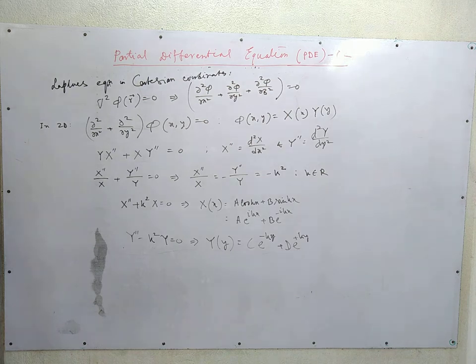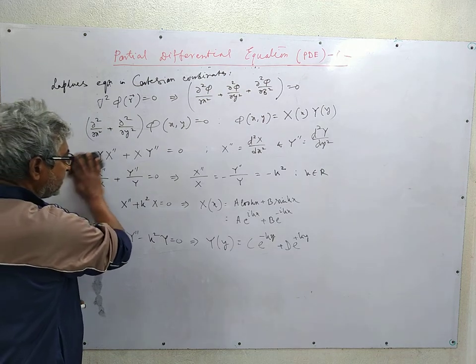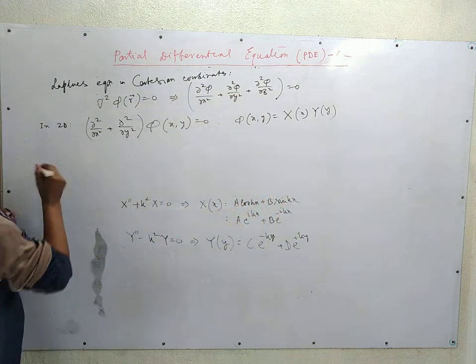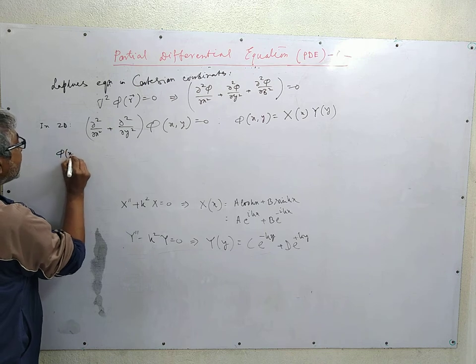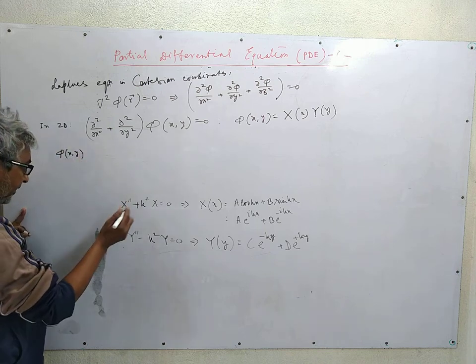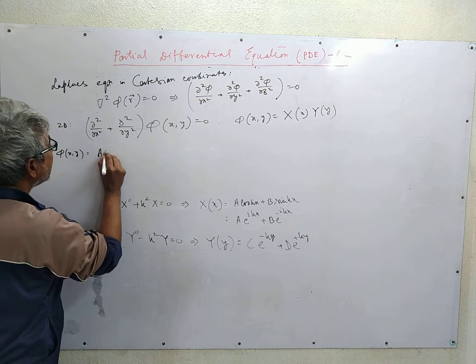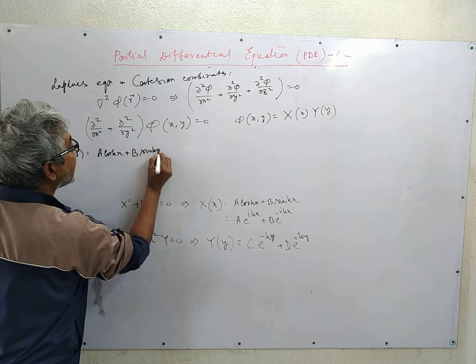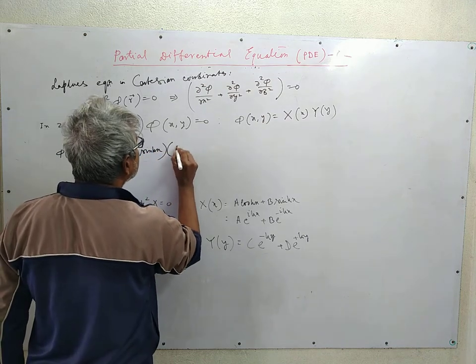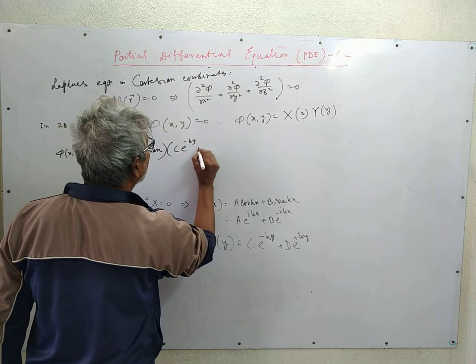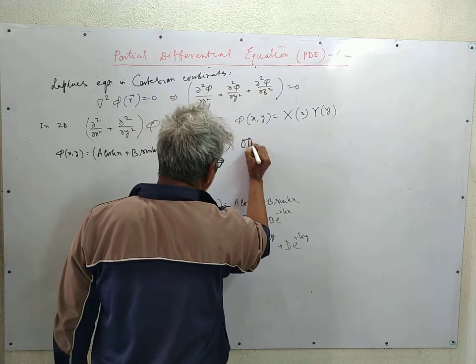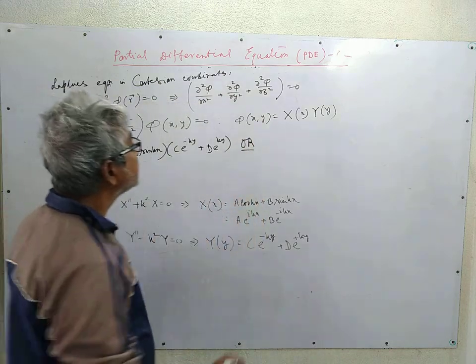So for the solution of Laplace's equation, we can have two types of solution. One is that phi of x, y, when we assume it to be periodic in the x direction, is a cos kx plus b sin kx times c e to the power minus ky plus d e to the power plus ky. Or we may interchange the roles.